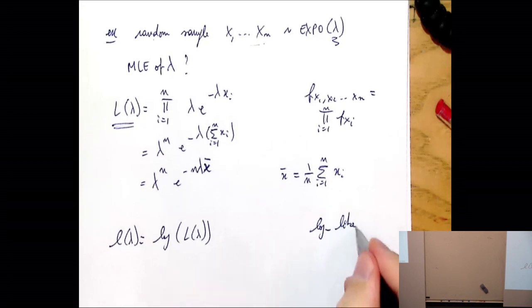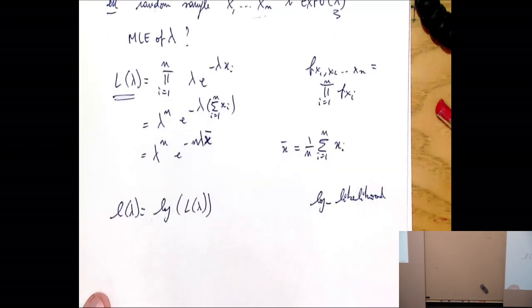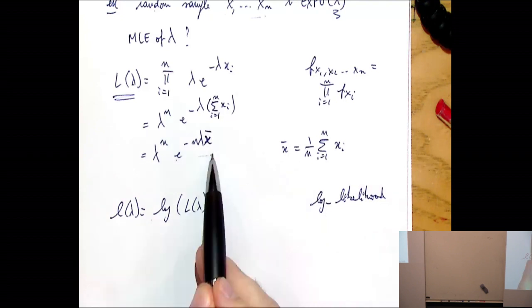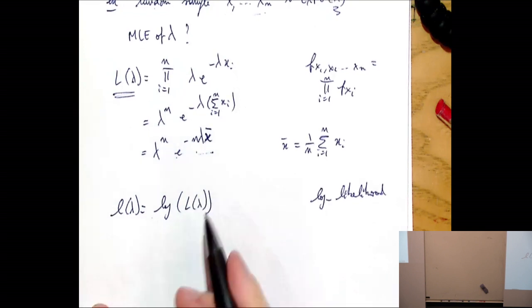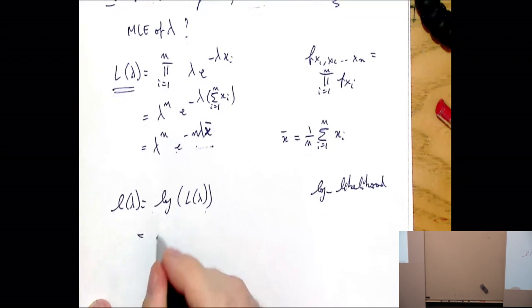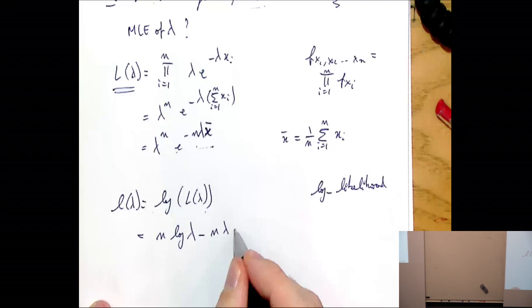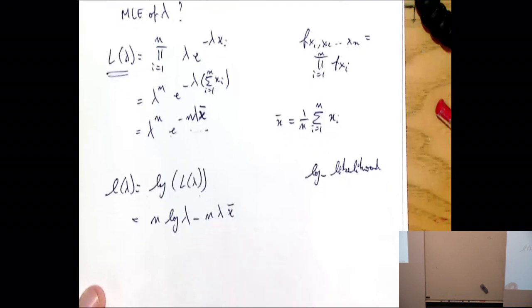The reason why we do this is because the log is a monotonic function. So the value of lambda that maximizes this quantity will be the same as the one that maximizes the log of that quantity, right? But this is easier because then you have n log lambda minus n lambda x bar.